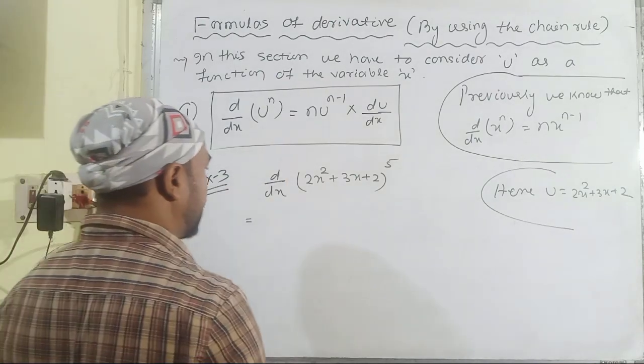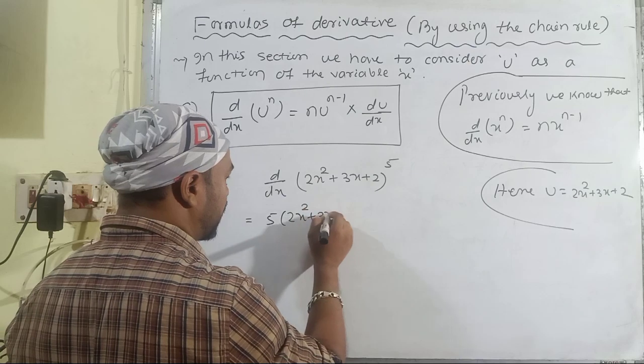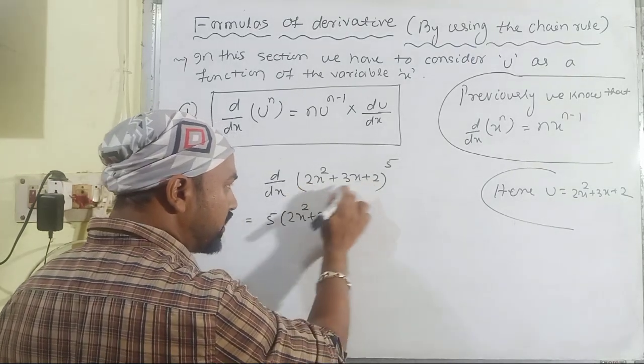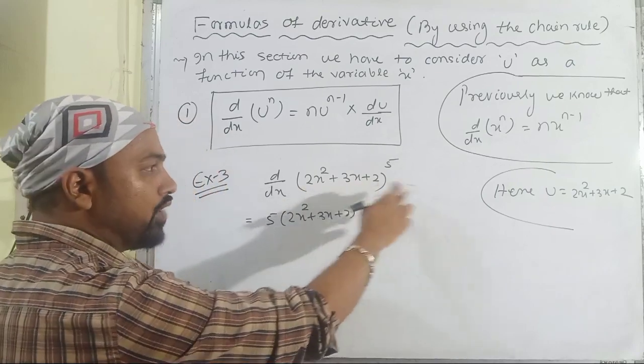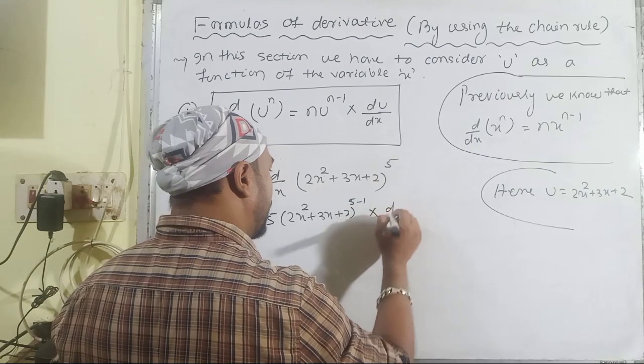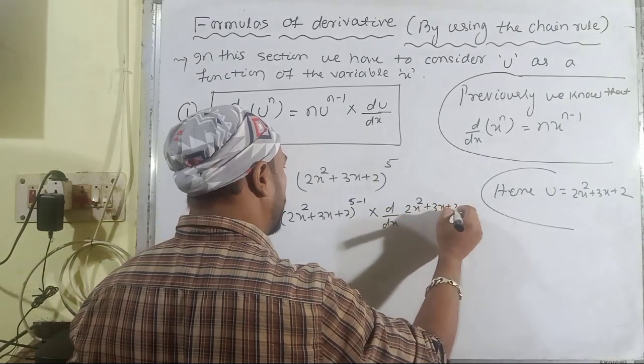So by using this method again, 5 multiplied with (2x square plus 3x plus 2). The function 2x square plus 3x plus 2 is in terms of x, so we have taken it as u. So to the power 5 minus 1 multiplied with the differentiation of 2x square plus 3x plus 2.